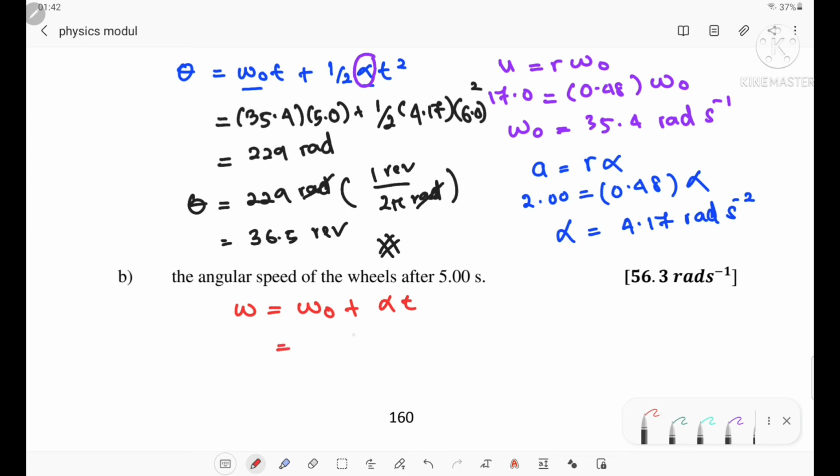We have omega naught is equal to 35.4, which we already calculated in the first question, and then plus alpha, which is 4.17, times t, which is 5 seconds, and then you will get omega is equal to 56.3 radian per second.